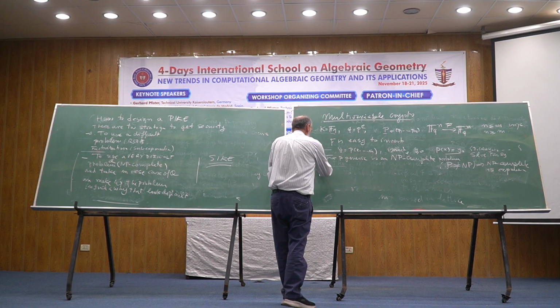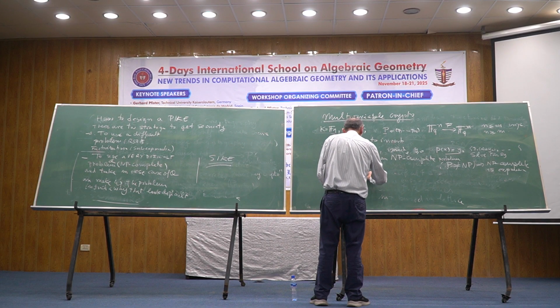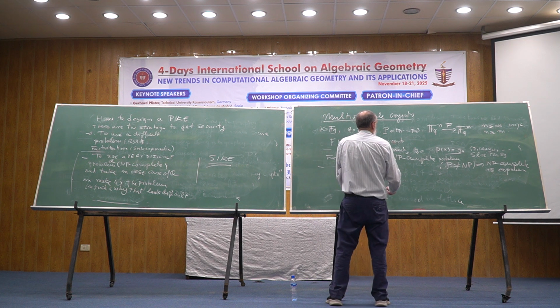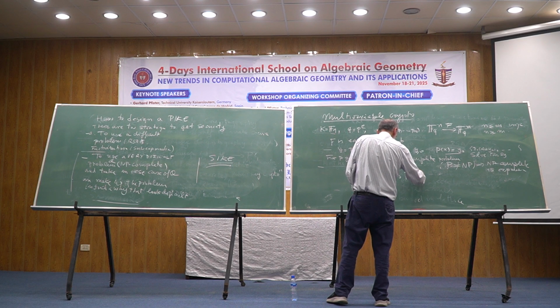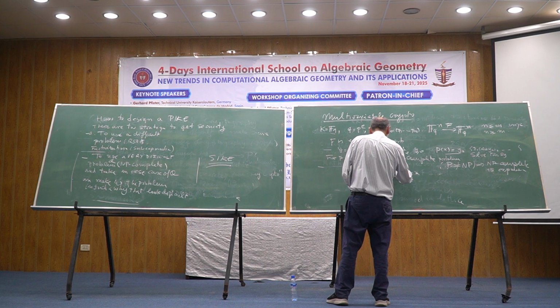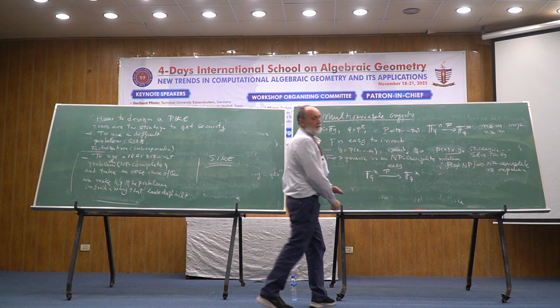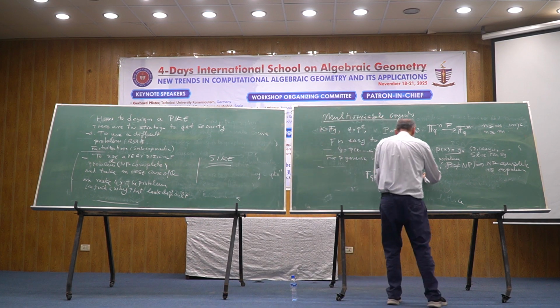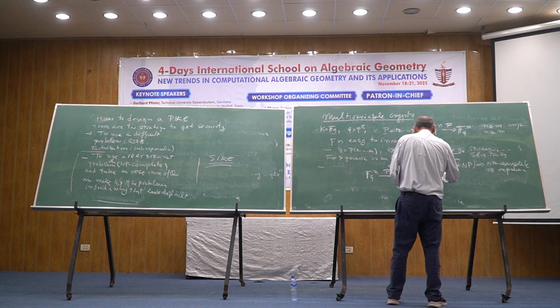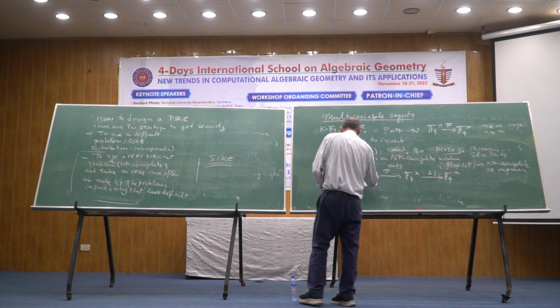You take this map from F_q^n to F_q^m, I call it P. This is easy to invert. And then we take two linear isomorphisms.